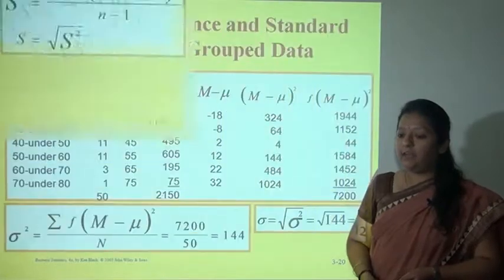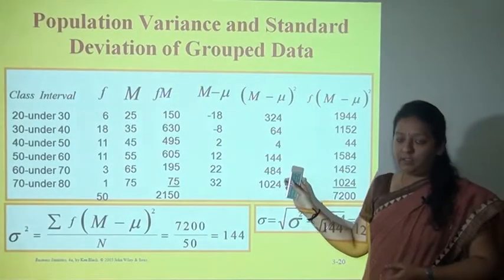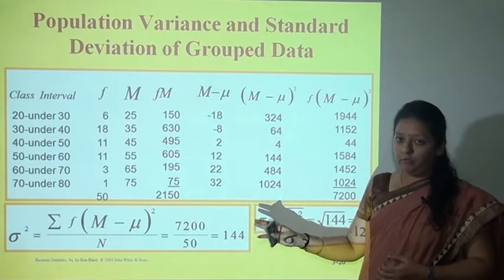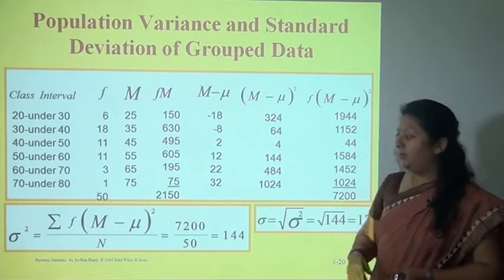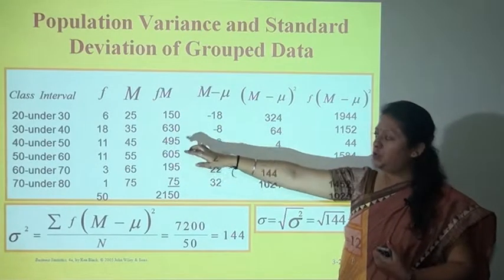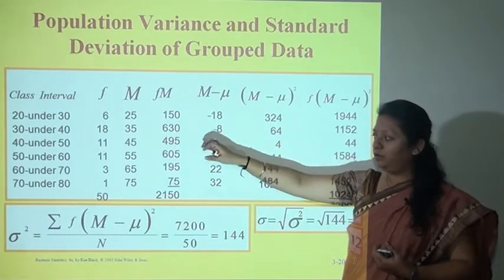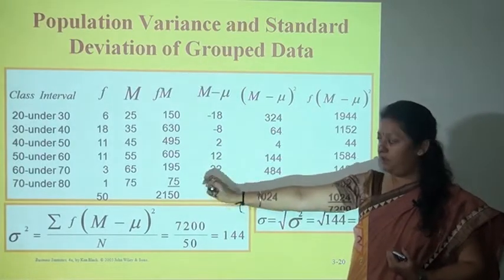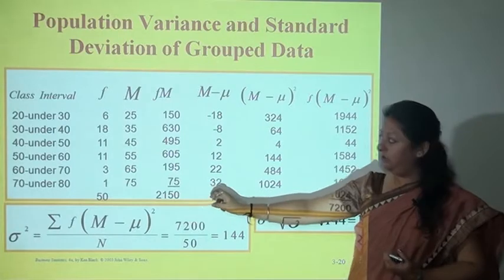Now we'll see an example of calculating sample standard deviation, sample variance, population variance and population standard deviation. The class intervals given are 20 under 30, 30 under 40, 40 under 50, 50 under 60, 60 under 70, 70 under 80.